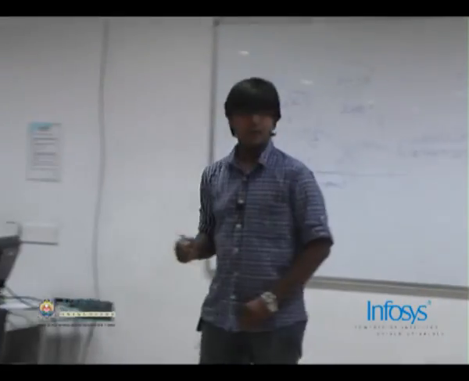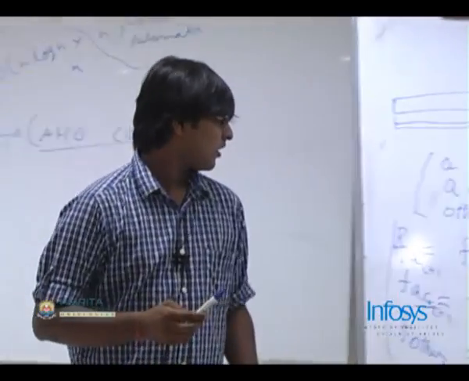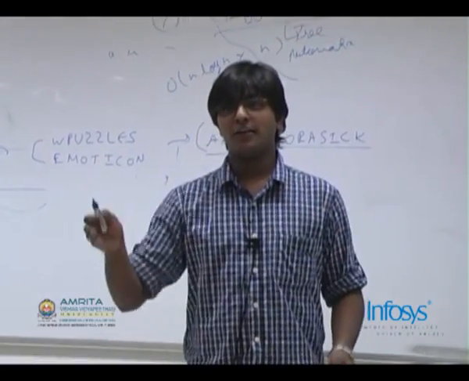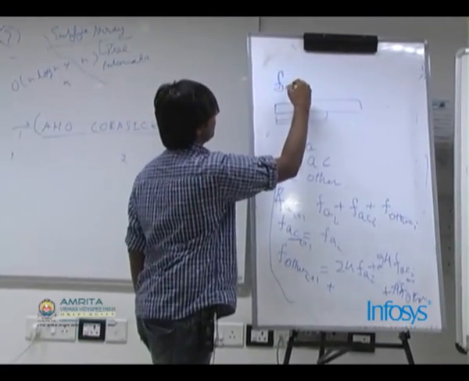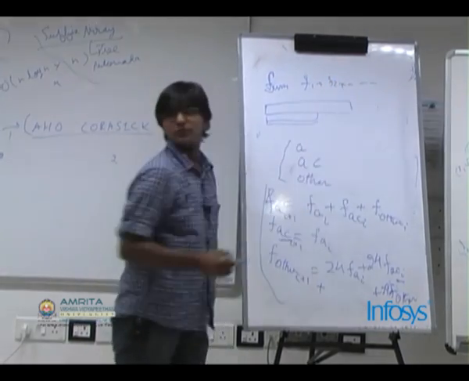Another thing which I missed was that suppose you are asked to find the sum of all Fibonacci numbers till n, I mean the sum of a linear recurrence till n. So something like f1 plus f2 plus f3 and so on till n terms.